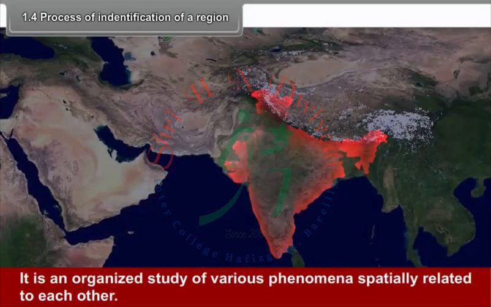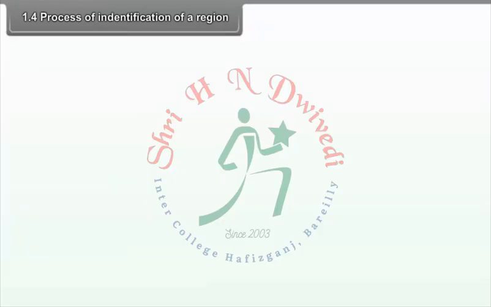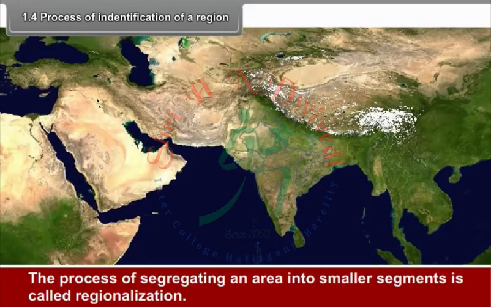It is an organized study of various phenomena spatially related to each other. There may be a homogeneous distribution of some phenomena within it. The process of segregating an area into smaller segments is called regionalization.